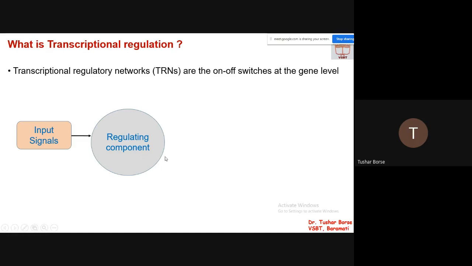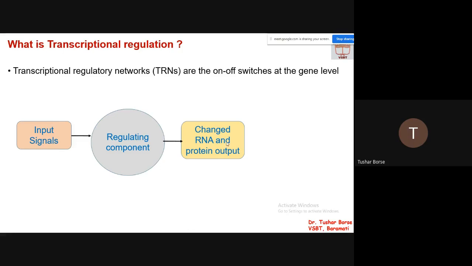Now this regulating component will go and have its effect. The effect could be at the DNA level. It may not allow transcription to take place, or it may not allow translation to take place. So obviously it is going to affect the amount of RNA or the amount of protein being produced.